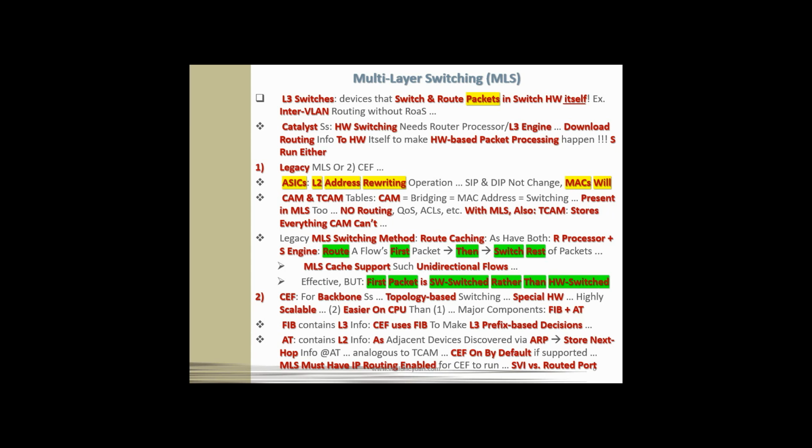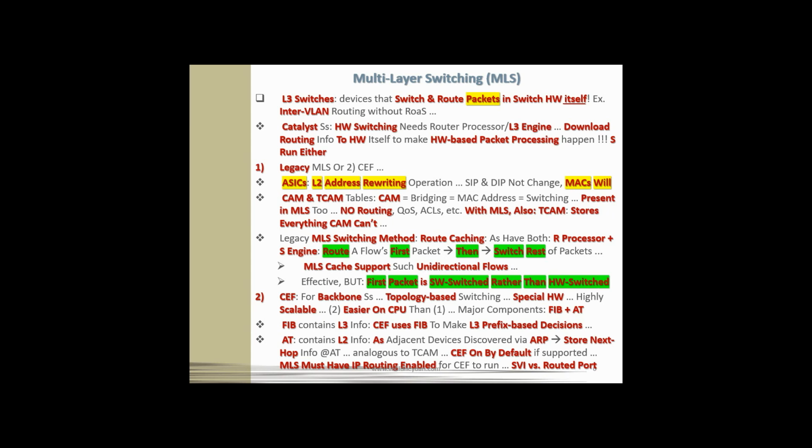We have seen how FIB takes care of layer 3. Now with the adjacency table or AT, we take care of layer 2. And this is where the AT comes in with layer 2 decisions. A host is considered adjacent to another host if they are just one hop apart.